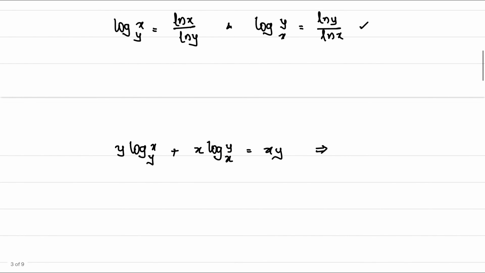That implies replace log x to the base y with ln x by ln y. y into ln x by ln y. Similarly, you replace log y to the base x as ln y by ln x. x into ln y by ln x is equal to xy.